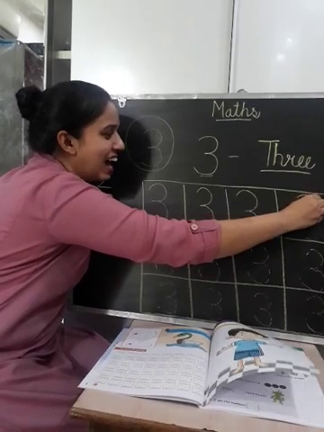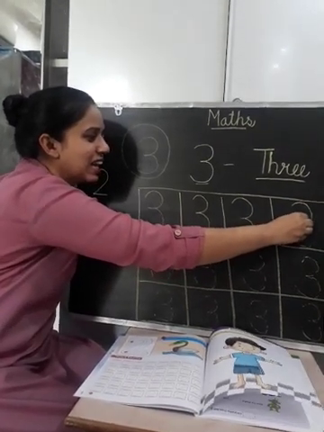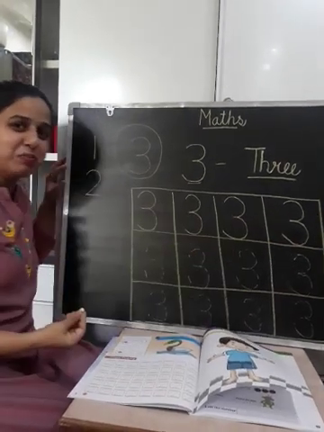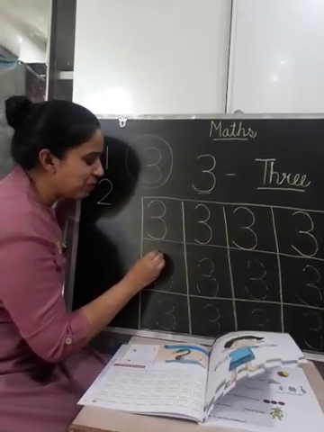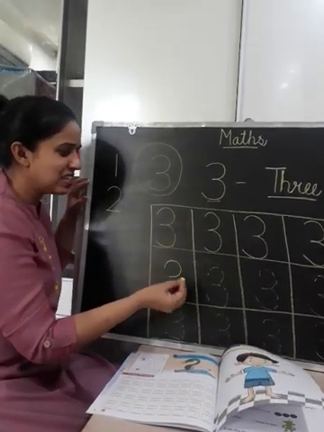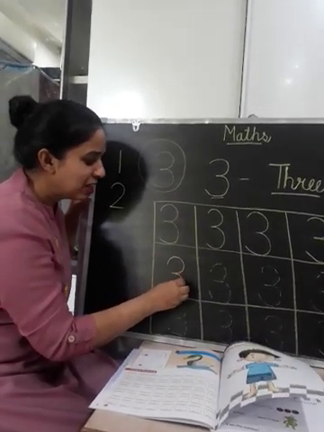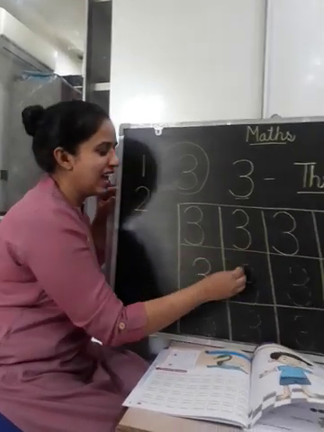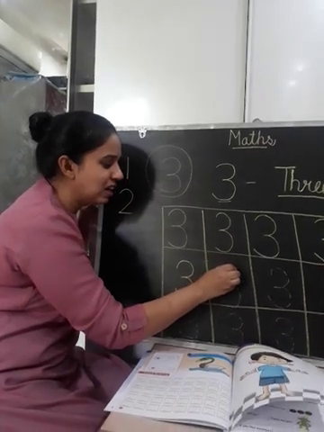Isn't it nice? Number 3. Which number is this? Number 3. Yay! First curve, second one.